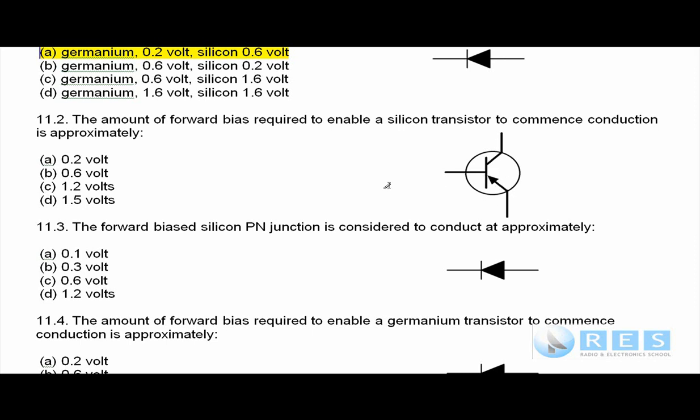This is a PNP. But what we're being asked here is what would be required to turn this transistor on to enable a PNP or NPN transistor to conduct, and it's a silicon transistor, so that would be 0.6 of a volt, same as a diode. If it was made of silicon, it'd be 0.6 of a volt.